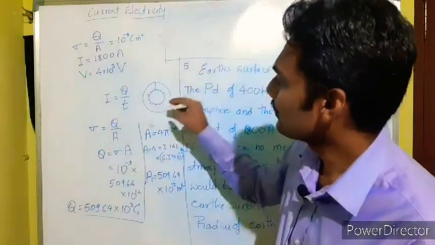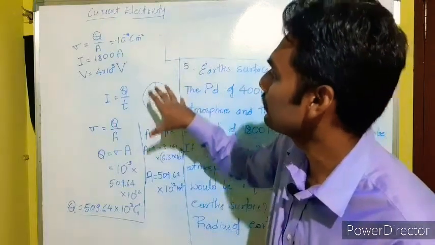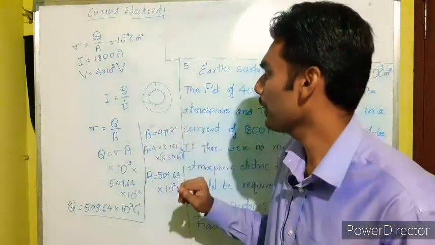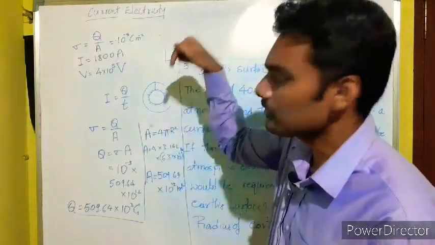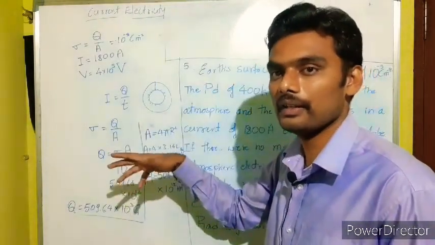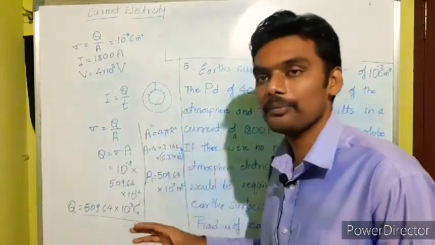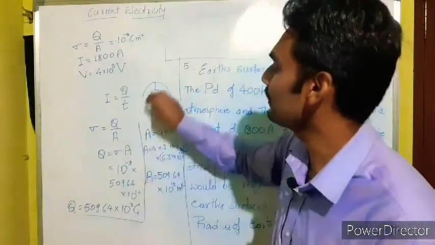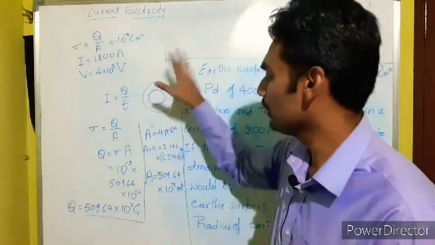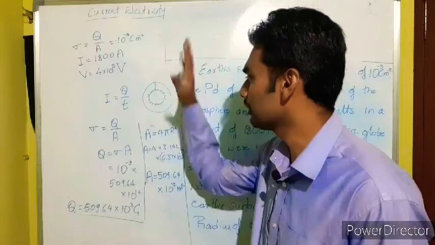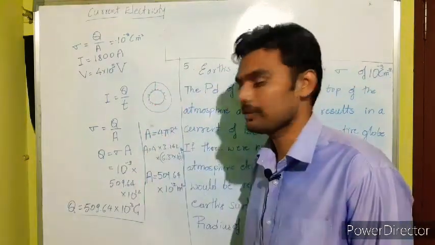Now this charge continuously leaks in the form of current through air, but the reverse mechanism puts the charge back onto the earth's surface. Clear? If that reverse mechanism were not there, in some time all of this charge would leak into the atmosphere, and hence the earth becomes neutralized.